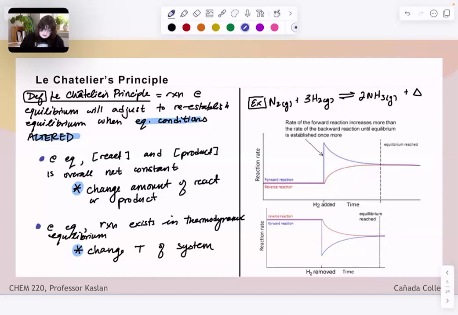And another means that we have of changing a stated equilibrium is this: at equilibrium our concentrations are more or less constant, so if we're looking at a gas phase reaction, we could alter this equilibrium by changing our pressure.